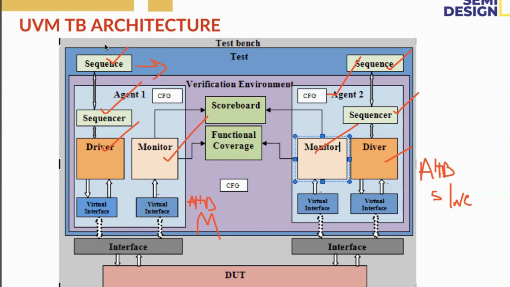That number of transactions is nothing but the number of sequence items in UVM. And the sequence is going to generate the transactions, that means the sequence is going to generate the sequence items. So we are calling them sequence items here. Did you understand, everyone?